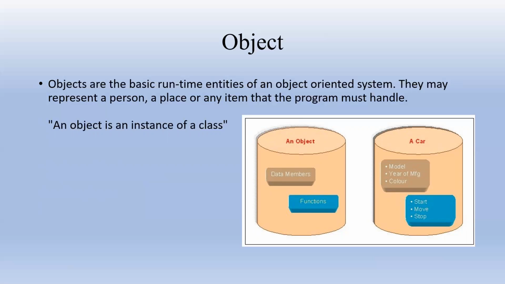The properties are known as data members, and start, move and stop are the functions. When we want to access any property or function of this class, car, we create an object of this class.